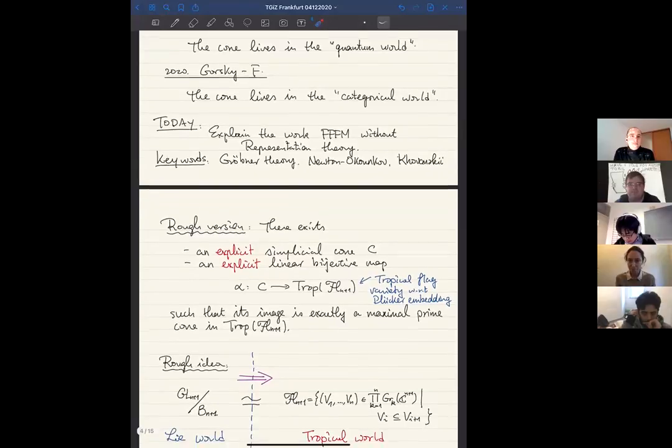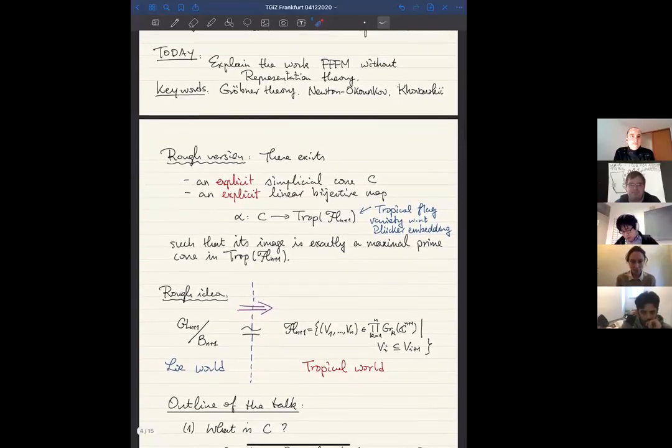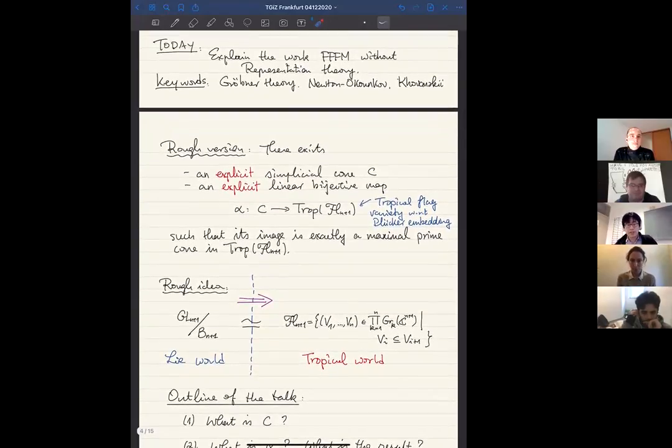Okay, I will give you some rough idea about how this is connected to Lie theory. Let's look at this small picture I drew here. In the tropical world, essentially, we look at the flag variety as subspaces in the product of Grassmannians, such that they have this inclusion condition: one is included in the other.